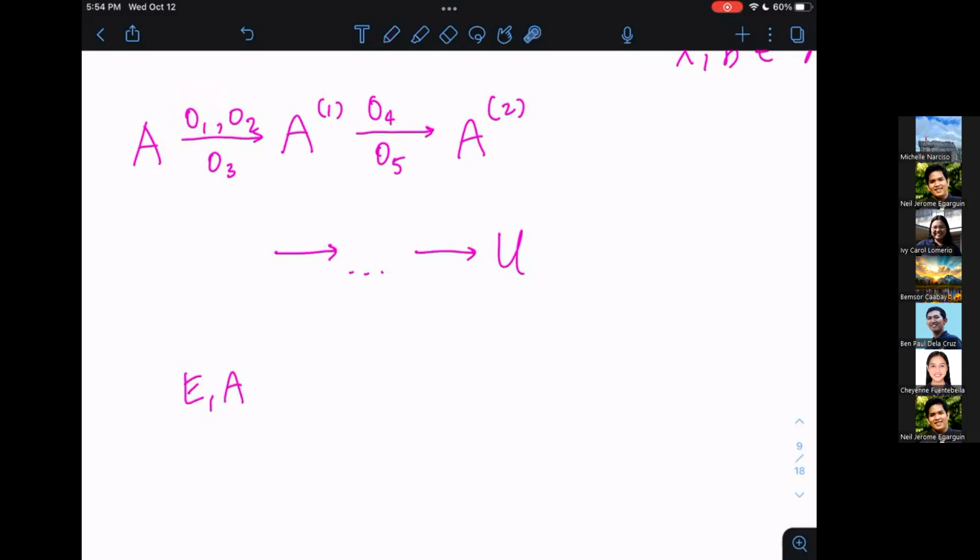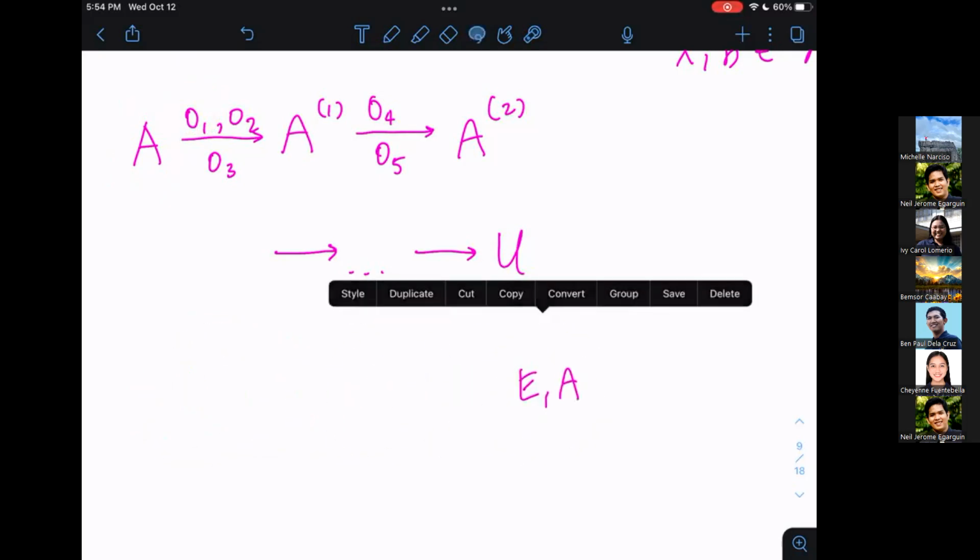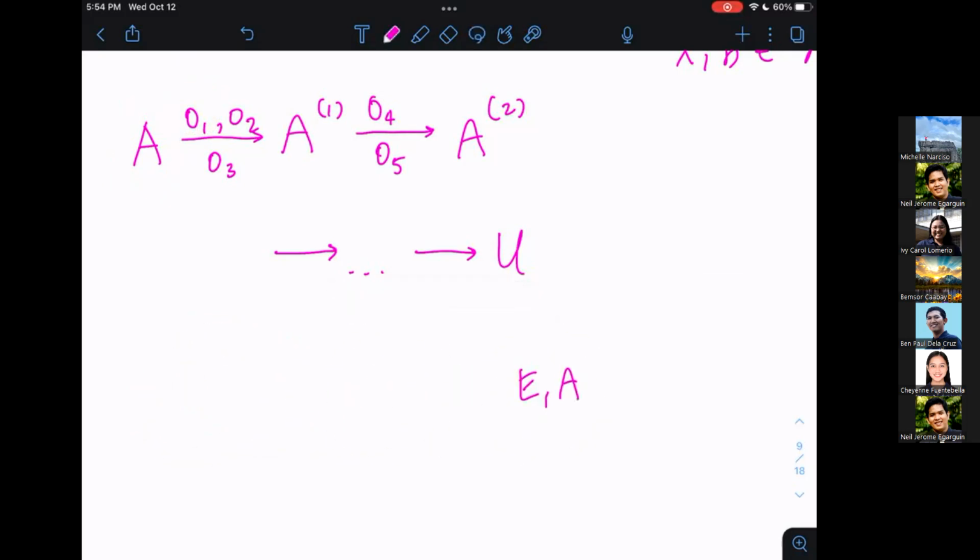So makukuha ko yung effect ng ginawa ko yung operation O1 kay matrix A. And the answer should be this matrix product E1 A. And then we do this for all of the operations, right? Hanggang makarating tayo dun sa upper triangular matrix. So pwedeng meron ka ritong E2, E3, E4, and say it took you, say, M operations to get here.